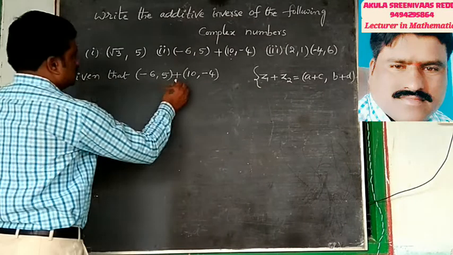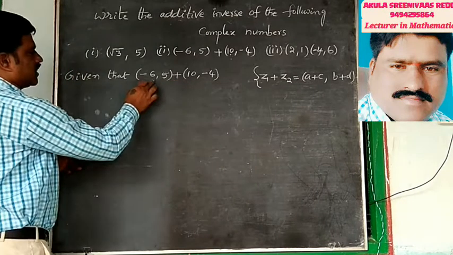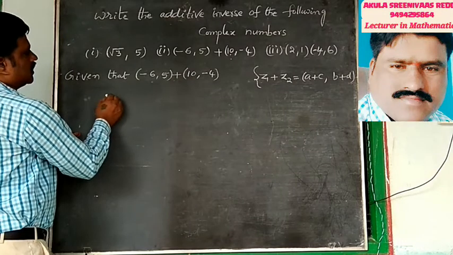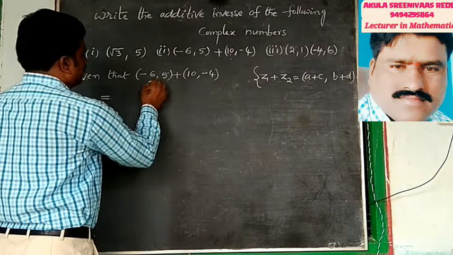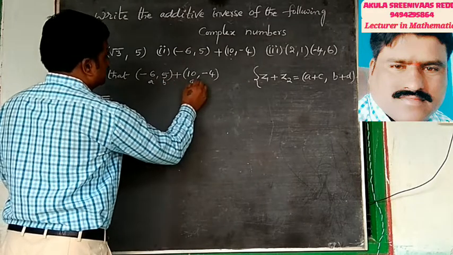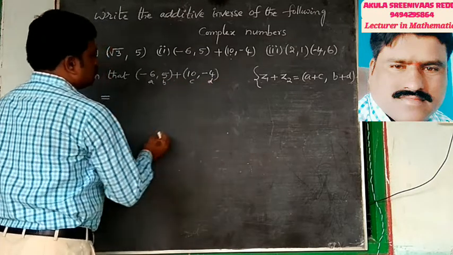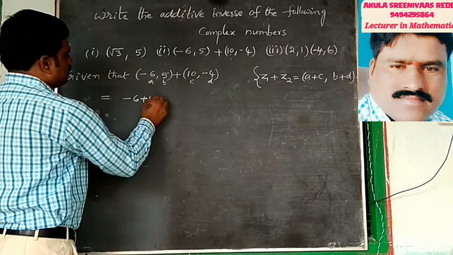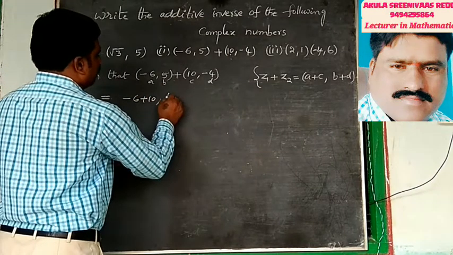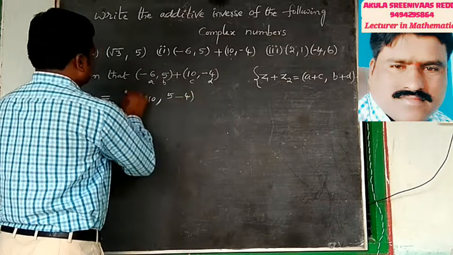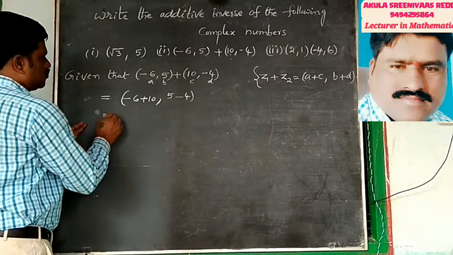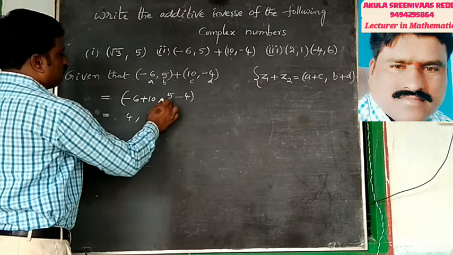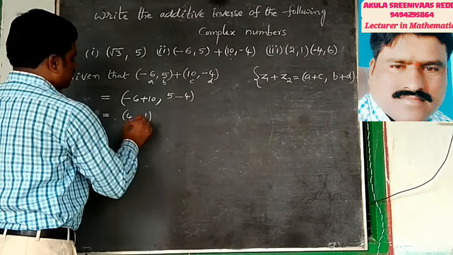So here addition is there. So this is z1 and this is z2. This is a, this is b, this is c and this is d. That is equal to minus 6 plus 10 comma 5 minus 4. That is equal to minus 6 plus 10 means 4 comma 5 minus 4 means 1.